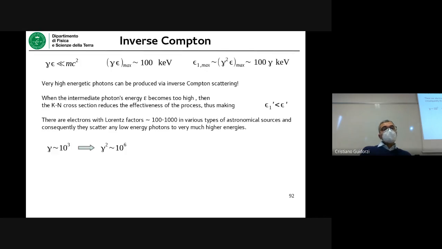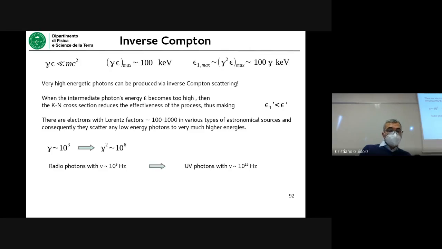But let's review a few examples. Let's consider, for example, ultra-relativistic electrons. We are talking all the time here about ultra-relativistic electrons, given that in inverse Compton it's the electron which gives energy to the photon. So let's consider a Lorentz factor of the order of 1000. That means that the gain factor, gamma squared, is of the order of 1 million.